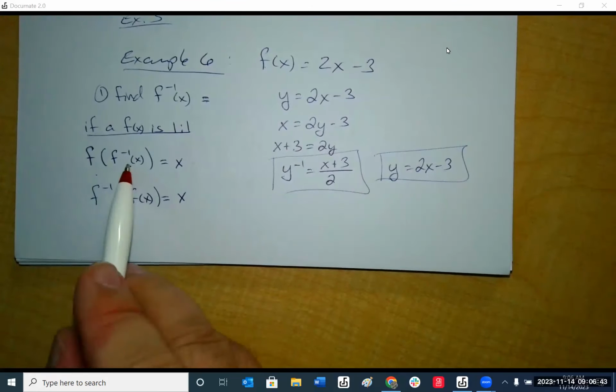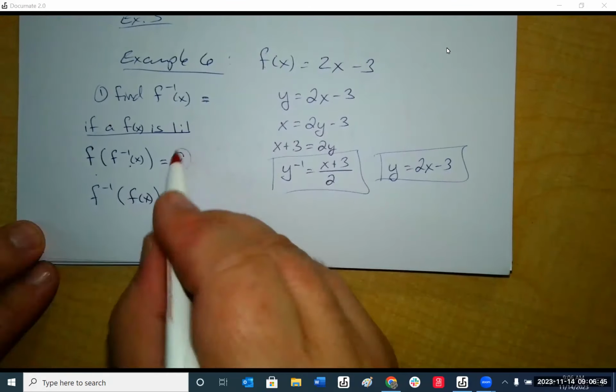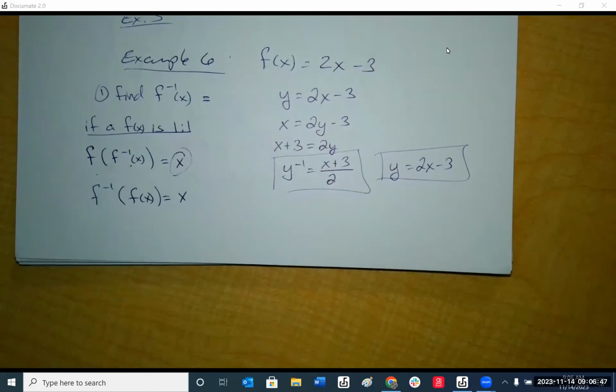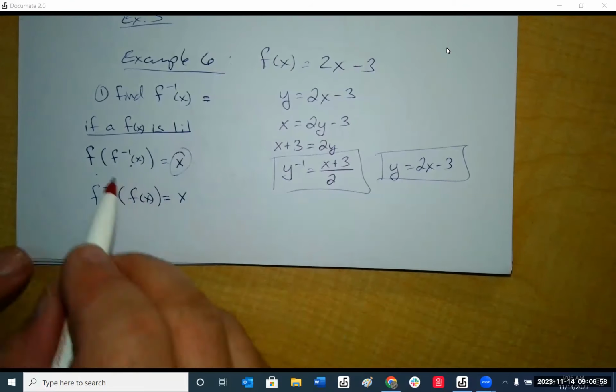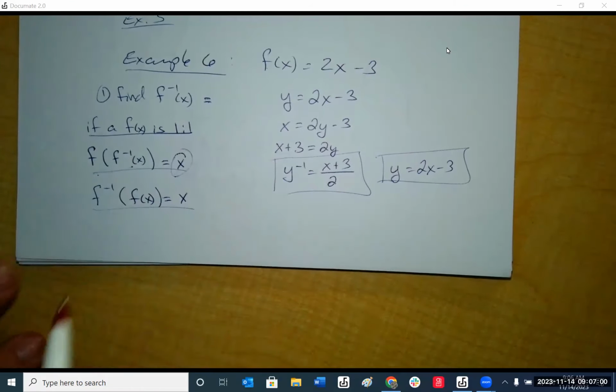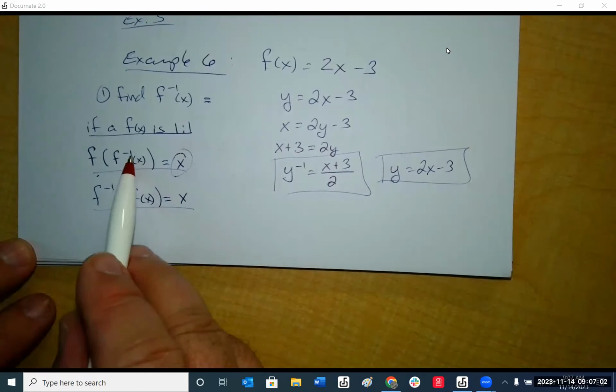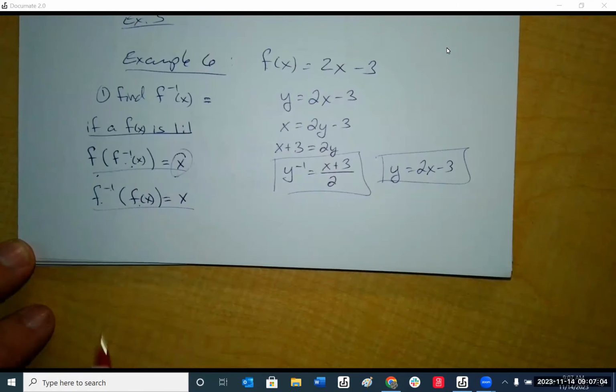If you take the composite function of both of those, it'll equal x. And you should always test both of these: f inverse of f, and f of f inverse.